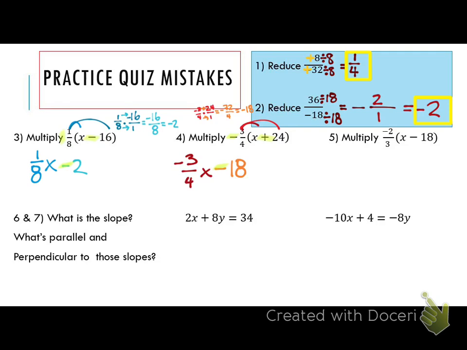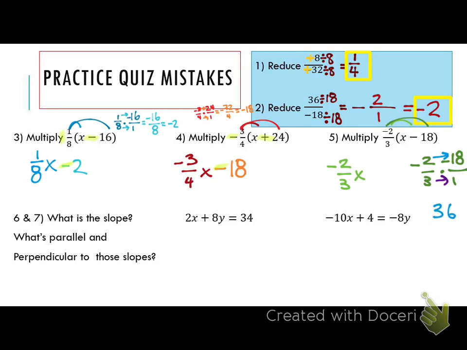All right, our next one. We got negative 2 over 3x. And then negative 2 over 3 times negative 18. Again, put your whole number over 1. And then just multiply straight across. Negative 2 times negative 18 is 36.